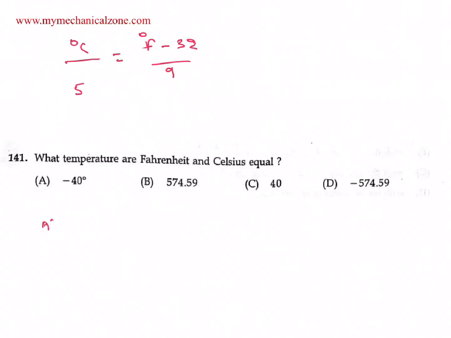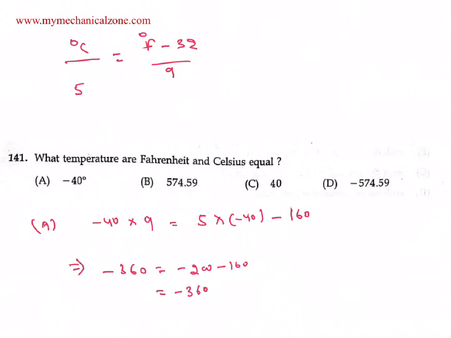For option A, minus 40: 9 into C, 5 into F minus 32 into 5. 32 into 5 is 160. Both sides are equal, LHS equals RHS. A is your correct answer.